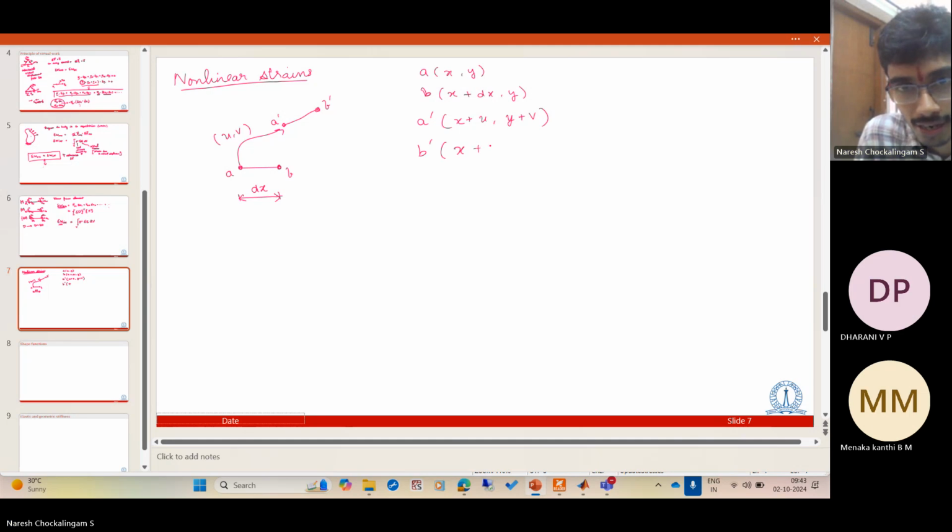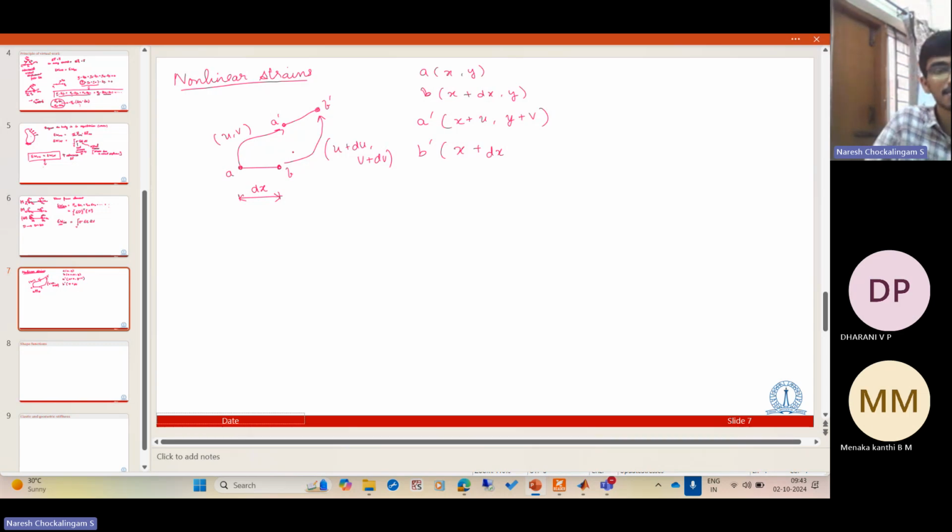Now similarly, what is for B? B is already at x plus dx. Now it will move by, say, u plus some du and v plus dv, because this is a different point, right? Unless it is rigid body motion, you will not have the same displacement here. Unless it is rigid translation, you will not have the same displacement here. But this is not rigid translation. These are deformable bodies.